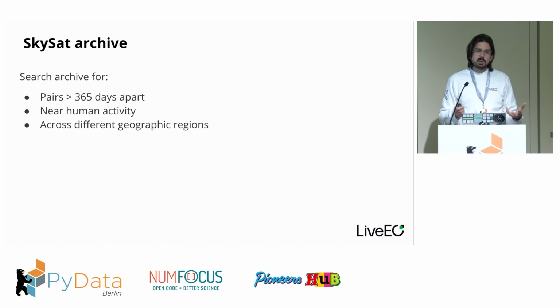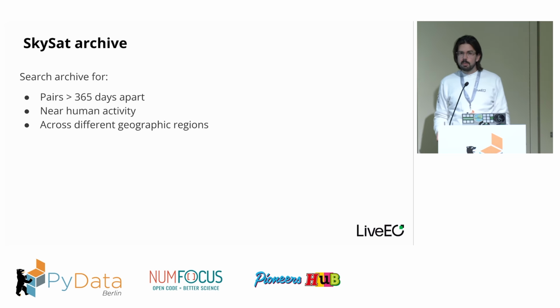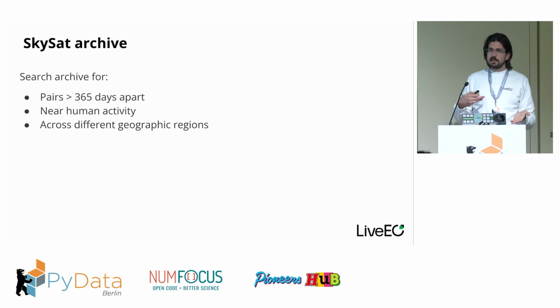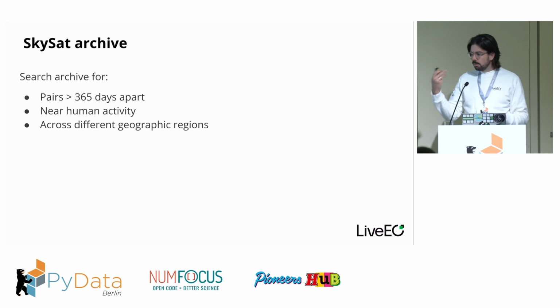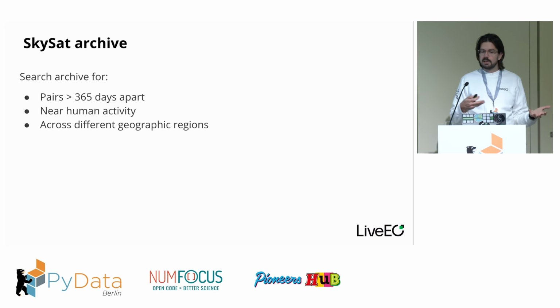And we want also imagery across different geographic regions. We serve customers all around the globe, in desert regions, in temperate regions and tropical regions, and we need to be able to support all of these customers. So we need our models to understand all of these different geographies.